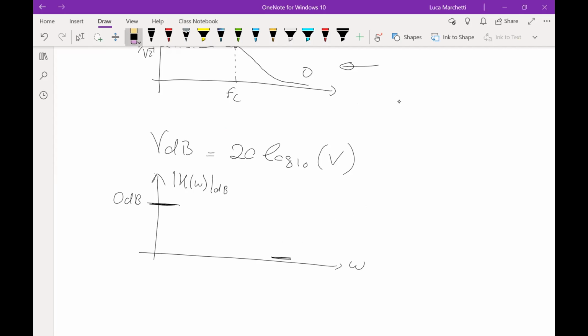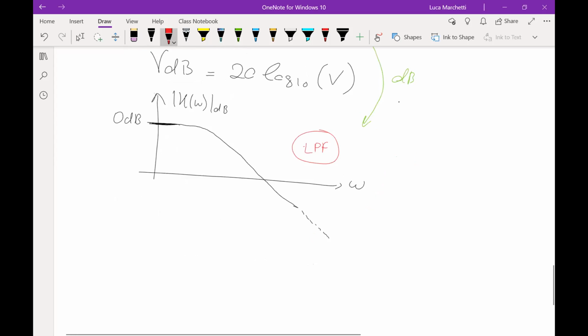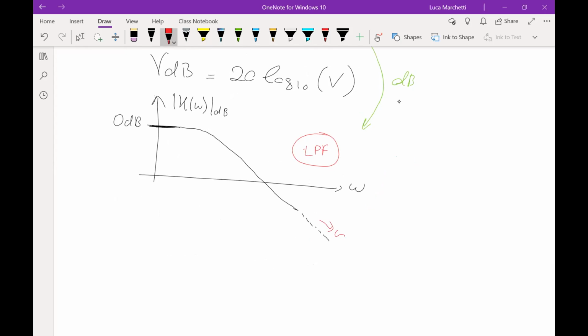So when you transform this plot into dB, the plot becomes something like this. It does not stop here because it goes to minus infinity, okay? So this is the plot of a low pass filter in dB, and this one, as I said before, is going to minus infinity.